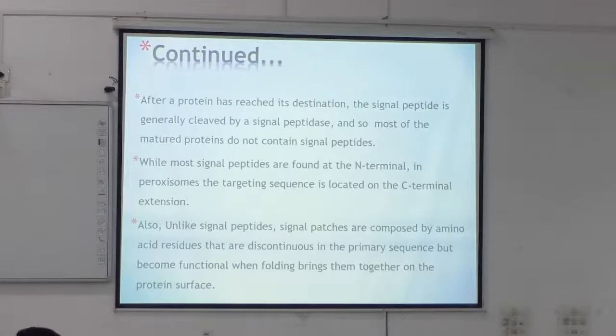Is that clear? While most of the signal peptides are found at the terminal, as I have already discussed, unlike signal peptides, signal patches are composed of amino acid residues that are discontinuous in the primary sequence but become functional when folding brings them together on the protein surface. Point to be noted over here. Whenever we talk about protein targeting patches, I told you that they are made up of hydrophobic amino acids.